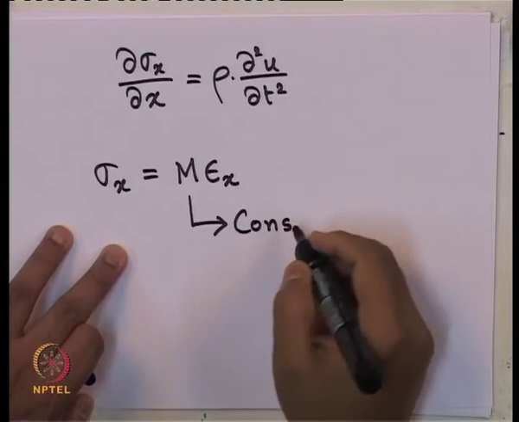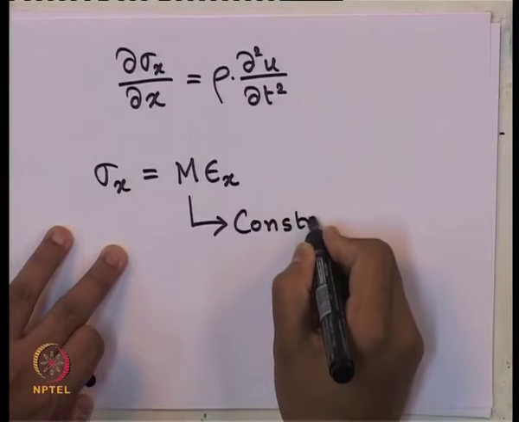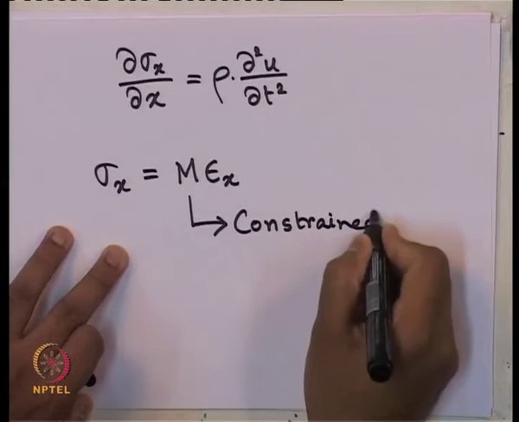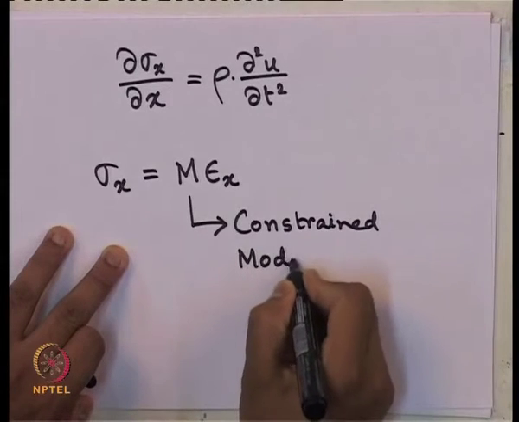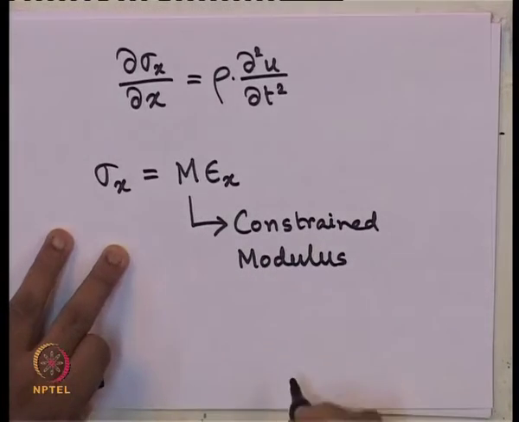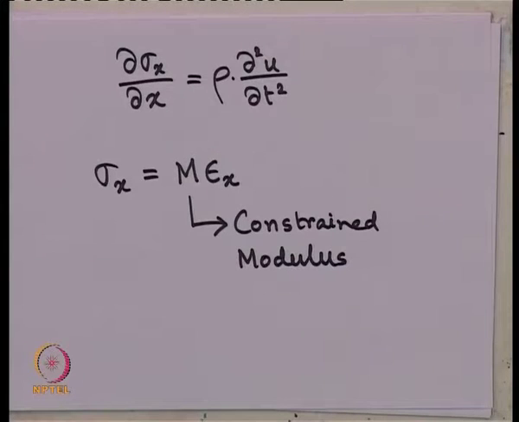Let me write it here, constraint modulus. Why? We have considered one dimensional long rod which is constrained in the direction of its radial movement. Okay. So, it is moving only in one direction, that is in the x direction.